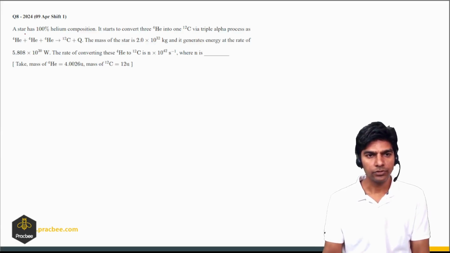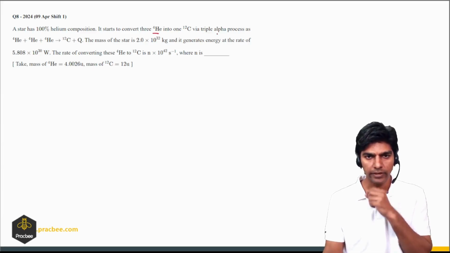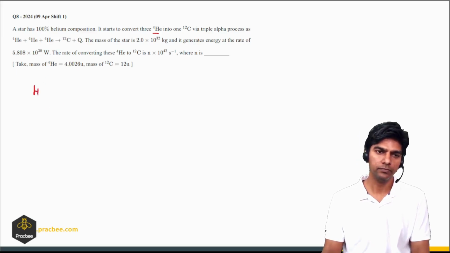Right, so let us see the next question. A star has 100% helium composition. It starts to convert 3 helium into 1 carbon via the triple alpha process. So triple alpha means we are using 3 helium and getting 1 carbon, and some energy is being released.